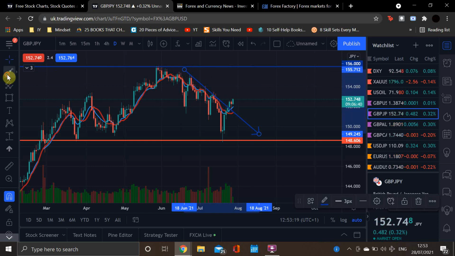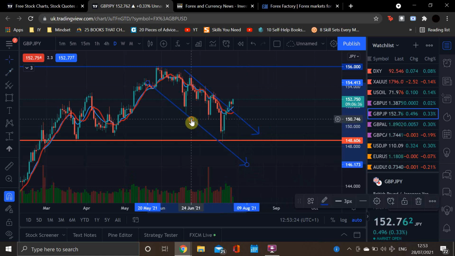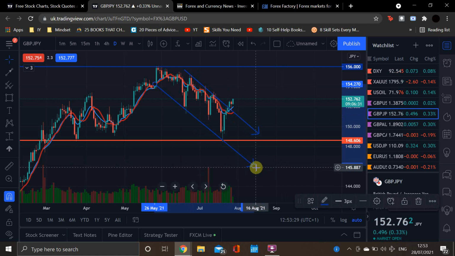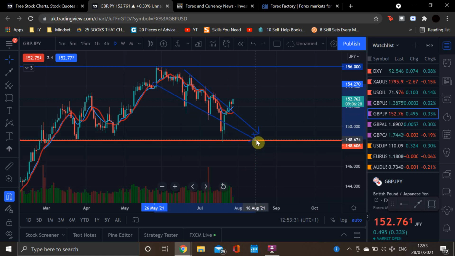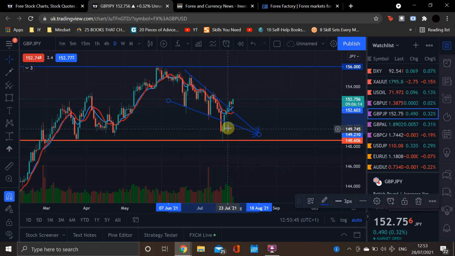This is on the daily chart. So look, this was the trend line. It broke out, corrected itself, came back in the trend line, and then broke out of this falling wedge, as you can see.